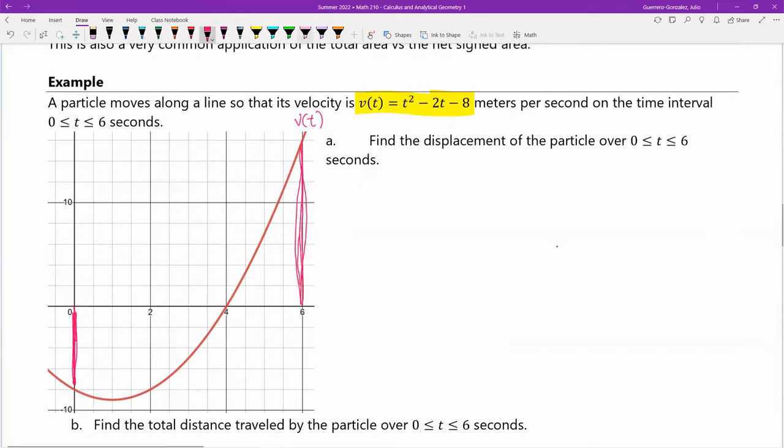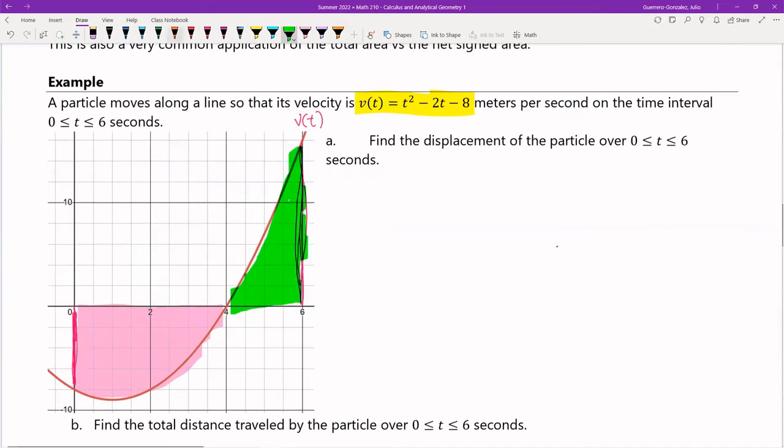Now, what I want to observe here is that this little portion down here is negative, while this area right here is positive.